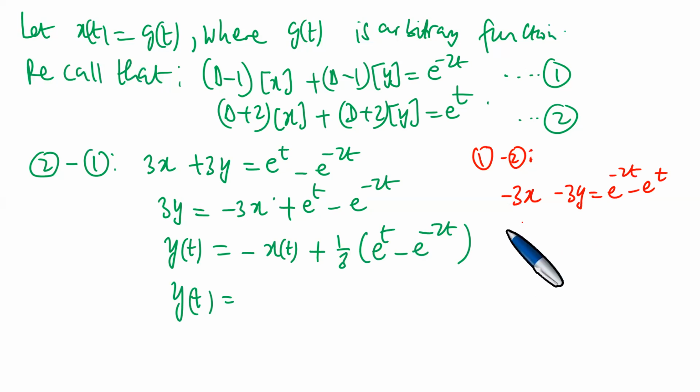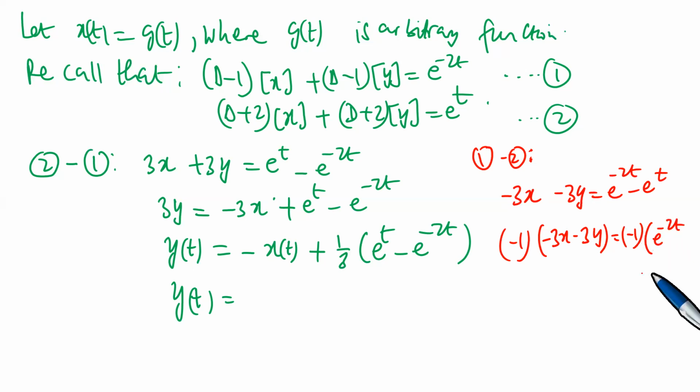What is the difference between these two equations? They differ by a minus sign. Now if you multiply this one by negative on the left, it's an optional step, but I want to show the equivalence. You multiply the left by negative and also the right by a negative. So that's going to be 3x together with 3y, which is the same as, multiplying out, negative times negative becomes a plus, e to the minus 2t minus e to the t.